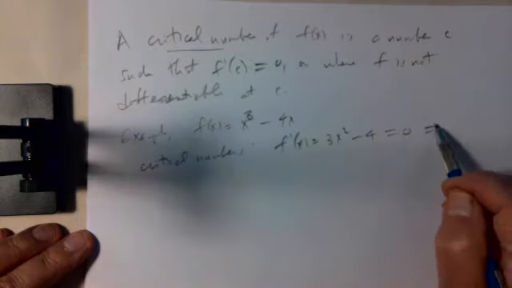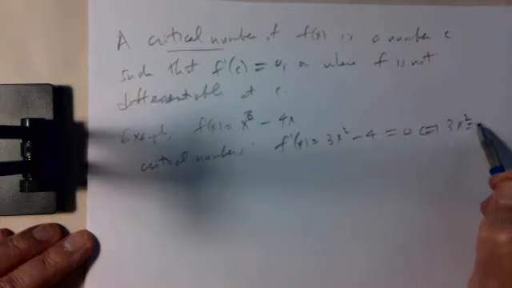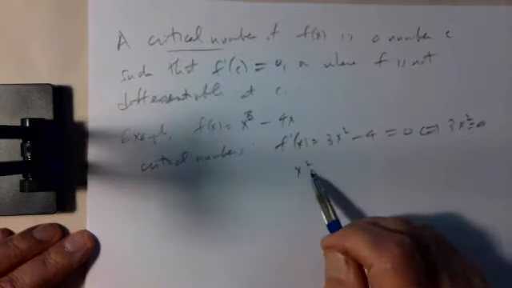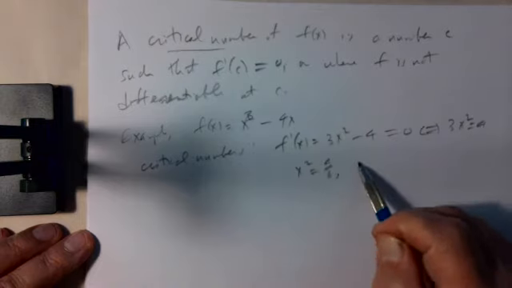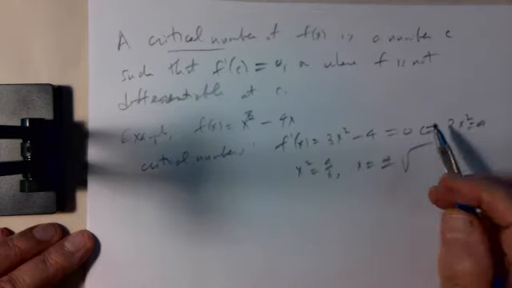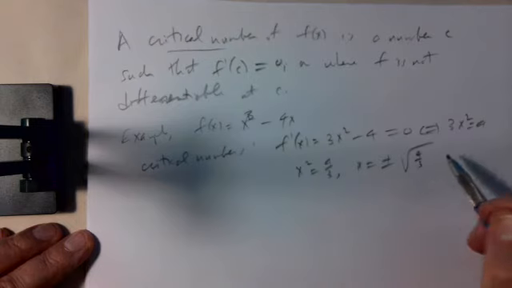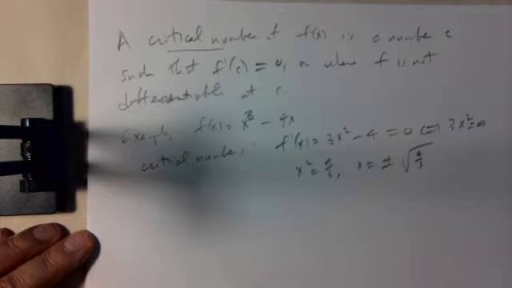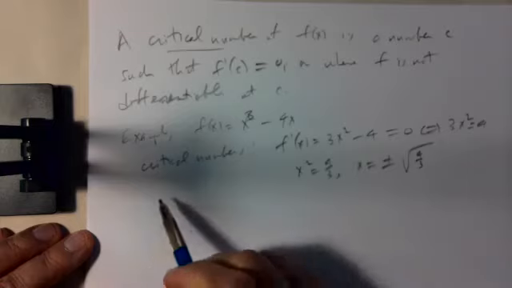That's equal to 0 if and only if 3x squared equals 4, x squared equals 4/3, or x is plus or minus the square root of 4/3. Those are the critical numbers.